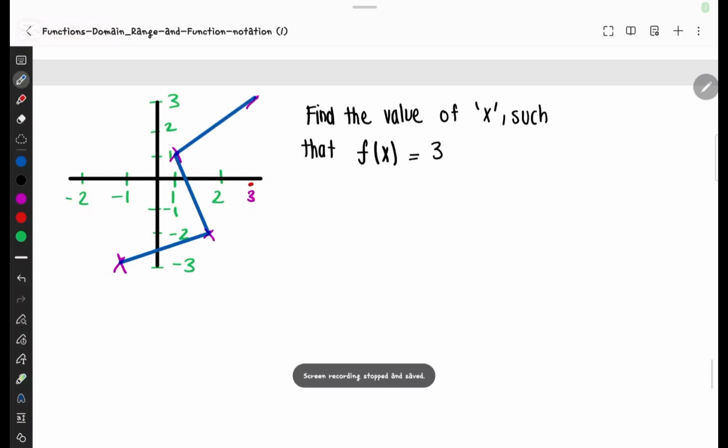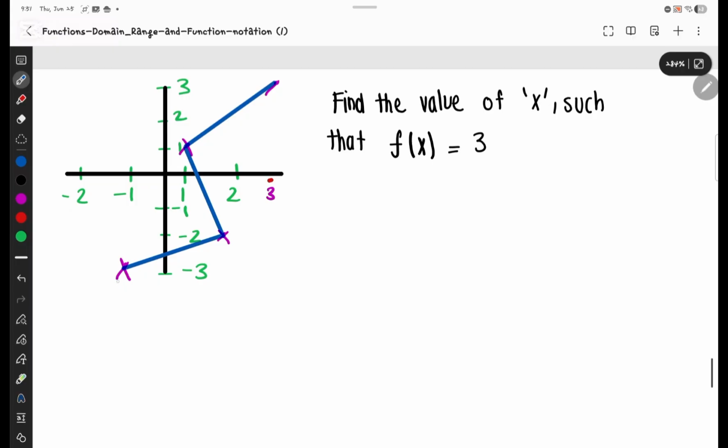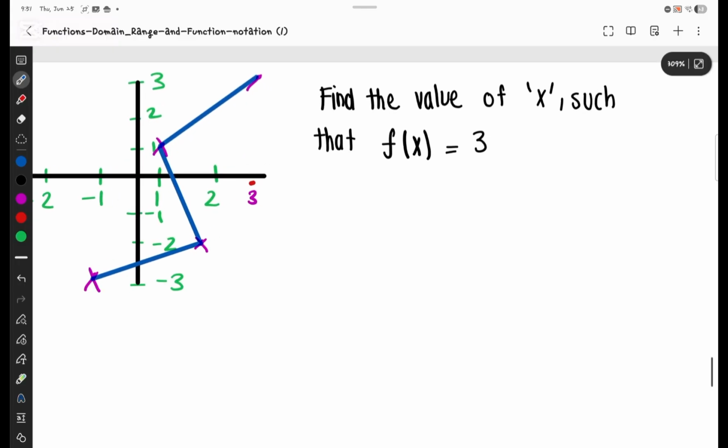Okay, so this question asks you, given this graph on the left side, find the value of x such that f of x equals 3. What this means is, at what x value, what input, gives you a y value of 3?